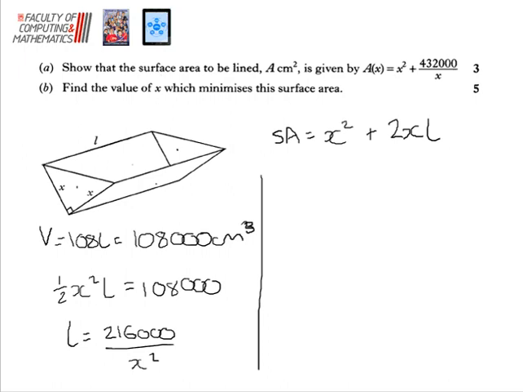So then going back to this surface area, the area only as a function of x is x squared plus 2x times 216,000 over x squared.